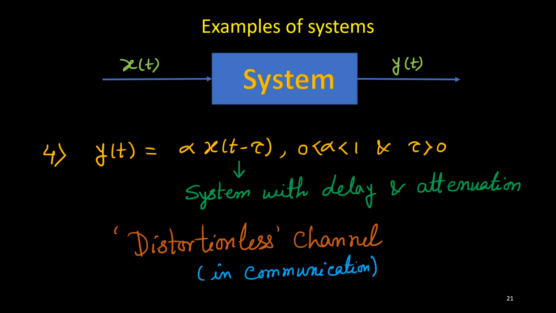And if certain delay is there, that is also tolerable, because the signal is not modified, the shape is not distorted, so we'll get the similar signal just after a certain time. In communication, if the delay is little, then it is permissible, and if there is a constant attenuation, that's also fine. So you want a distortionless channel.